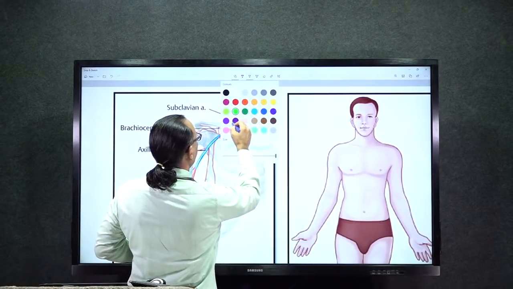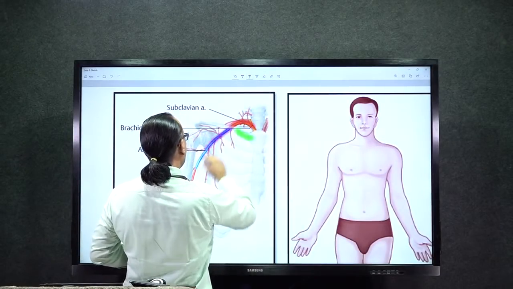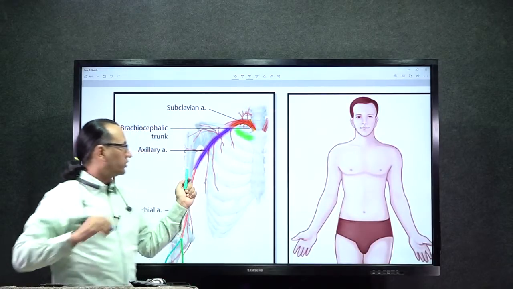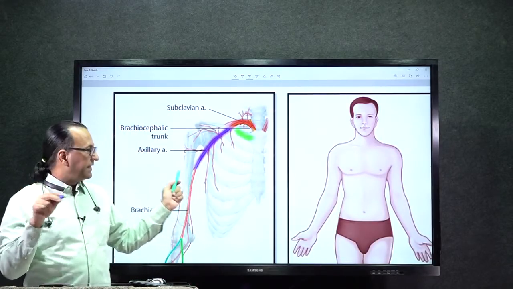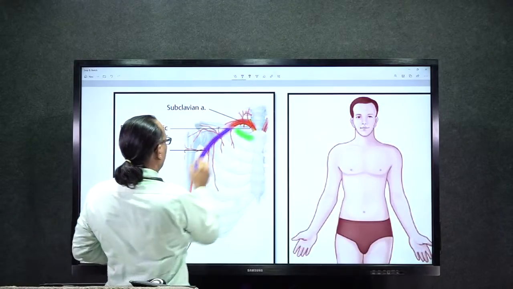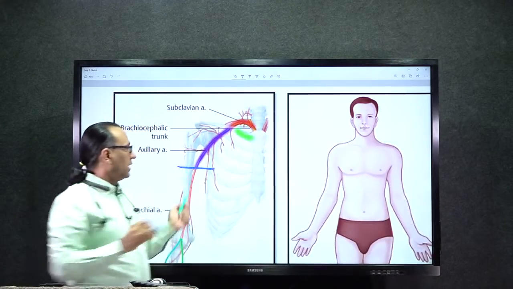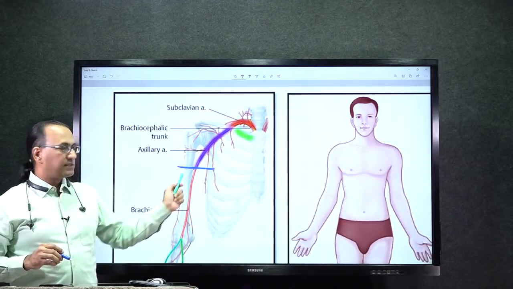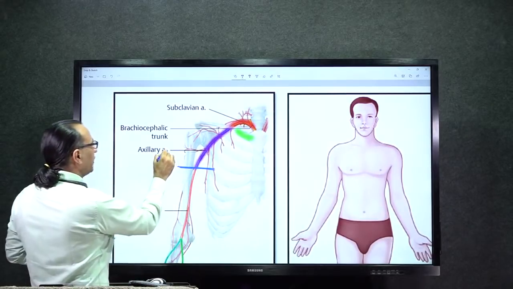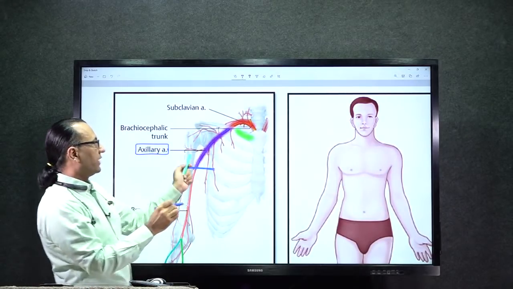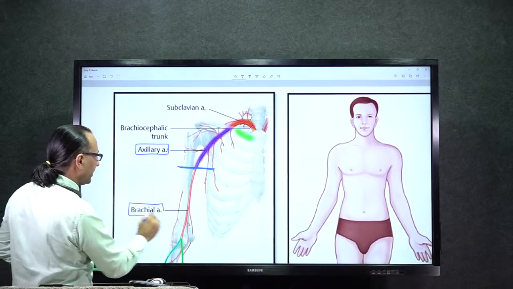Now this is the axillary artery, as you can see, and as it crosses the lower border of teres major here, it will enter the arm, and then it is called the brachial artery. So axillary artery is in the axilla, whereas in the arm you will have the brachial artery.